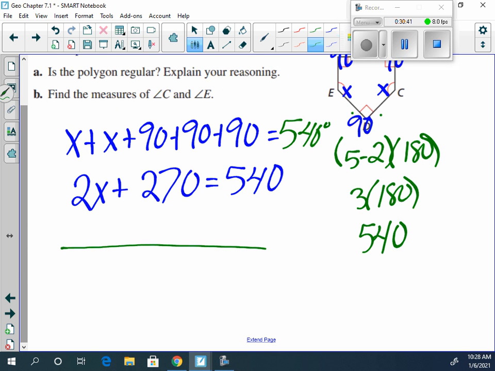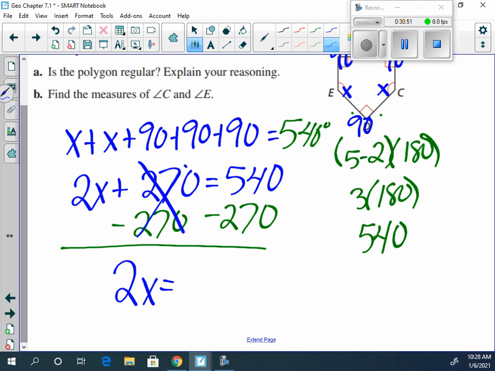We're going to subtract 270 from both sides. Well, 270 minus 270 will simplify out, leaving us with just 2x is equal to, well, 540 minus 270 will be 270, isn't it?